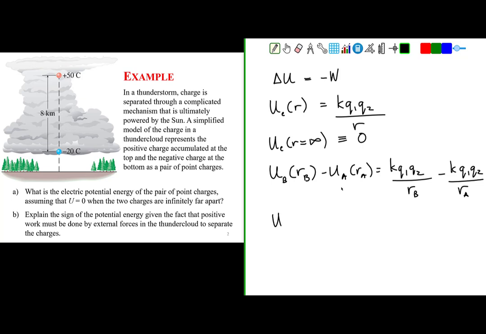Well, if we're saying that our final position is infinitely far away, for point B, that ends up being a very, very large number in the denominator. With this said, we know that a finite number divided by an infinitely large number, that term is going to go to zero.